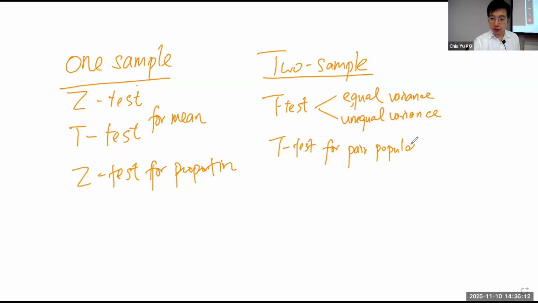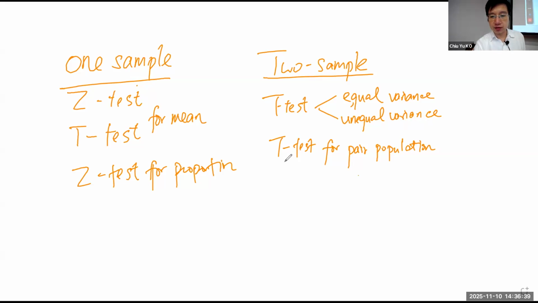Which means we observe the same individual before and after. And the difference between the same individual we call the treatment effect or the difference. And the difference follows a normal distribution, and then everything can be done the same way.